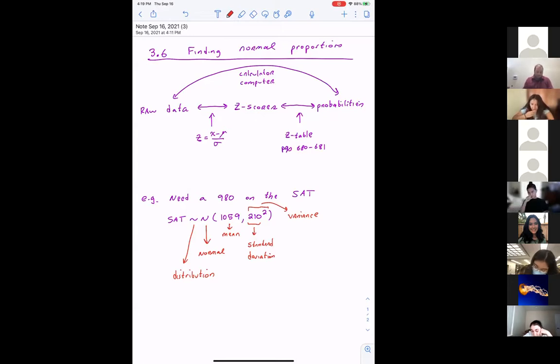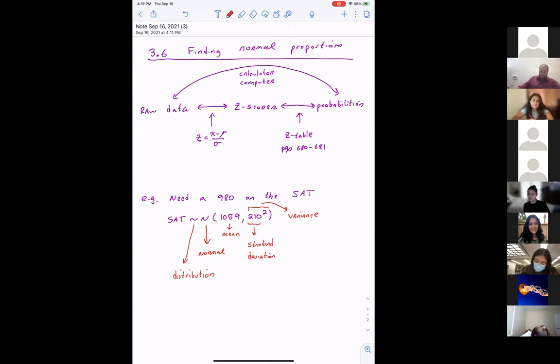So we need a 980 or better on the SAT. And the SAT is normal with a mean of 1059 and a standard deviation of 210.